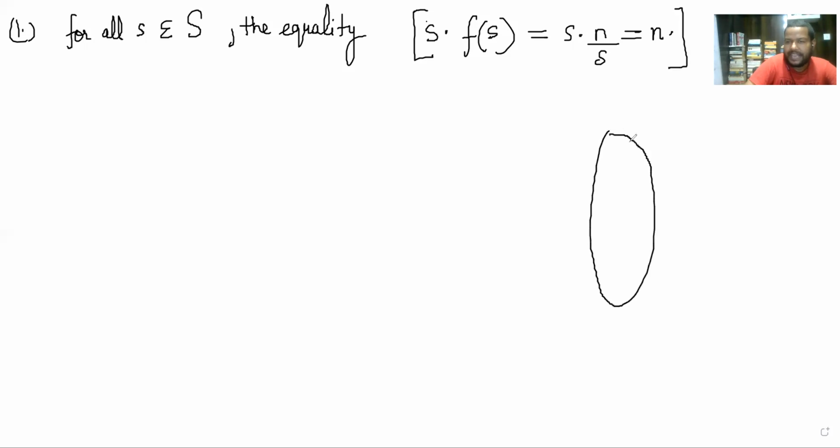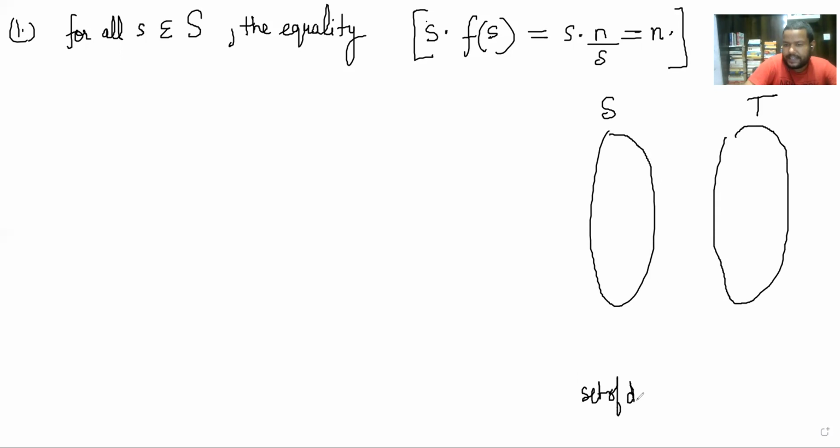So think about the S set here and the T set here. S was the set of divisors greater than root n, and T was the set of divisors less than root n, right?